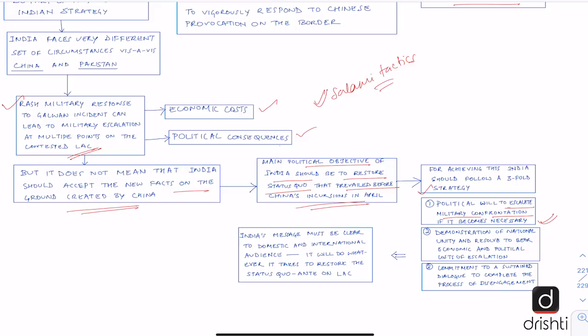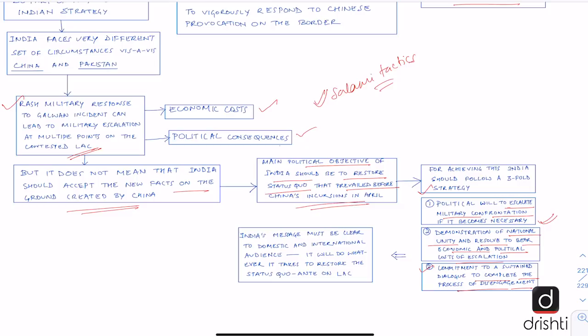Secondly, there has to be a demonstration of national unity and resolve to bear the economic and political cost of any such escalation. And thirdly, there has to be a commitment to a sustained dialogue to complete the process of disengagement and making sure that the Chinese forces go back to their positions, as was the situation in April 2020.